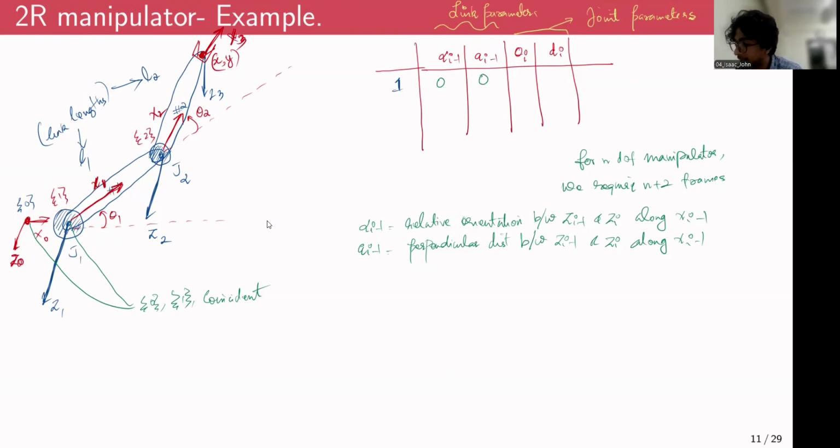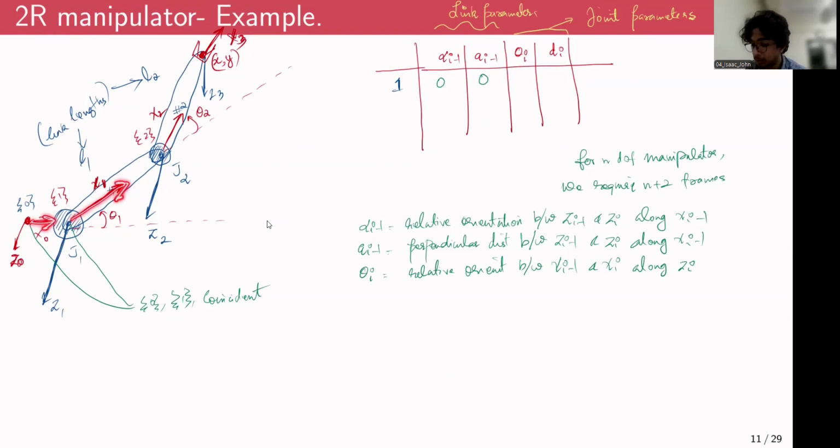And now what is the third parameter? Theta i. Theta i is the relative orientation between xi minus 1 and xi along zi. So here xi minus 1 is like this, xi is like this.